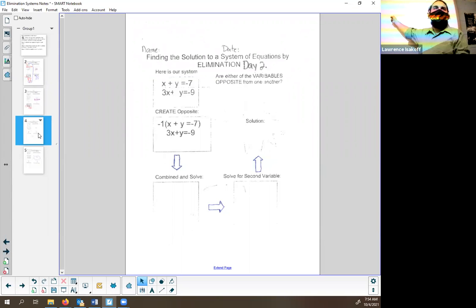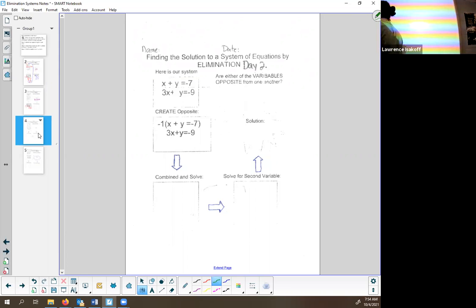If I have a plus y and a plus y, what would I have to make one of them to become opposites? If I could get one to be a negative y, I get opposites. So they're creating opposites by multiplying by -1. So all they're doing is going to distribute a -1 to everything in here.